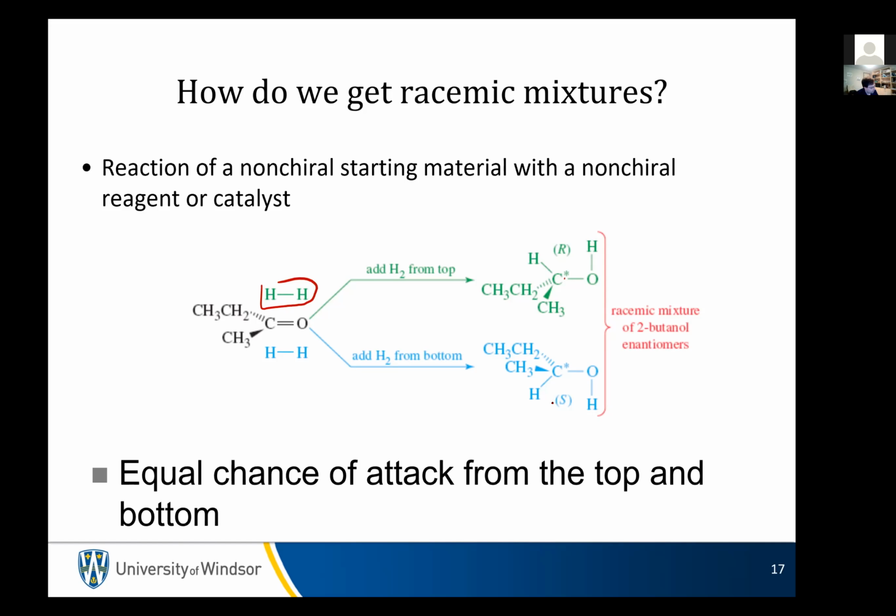Now, if you only had 10 molecules that you were doing this to, the chances that you would have 5 and 5 is pretty low. You'd probably have a non-equal amount. But we're not doing it to 10 molecules. One mole is 10 to the 23 molecules, which is a lot of molecules.